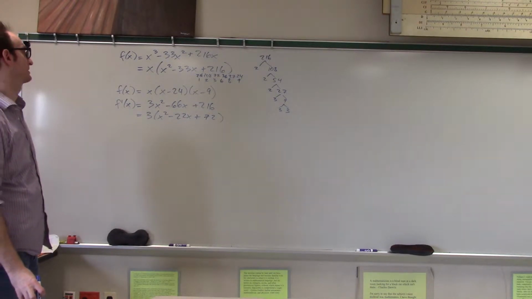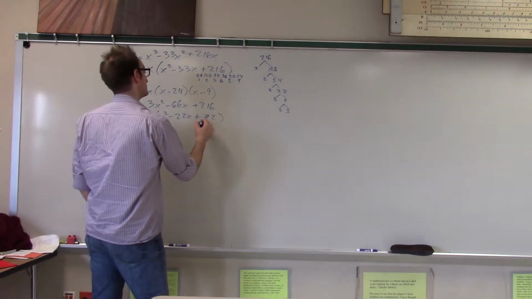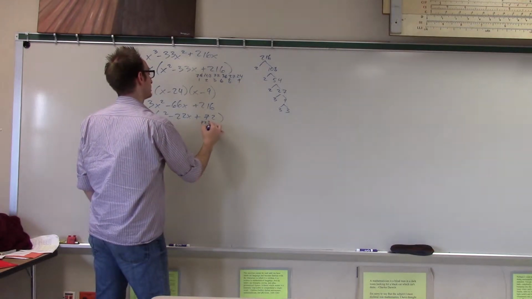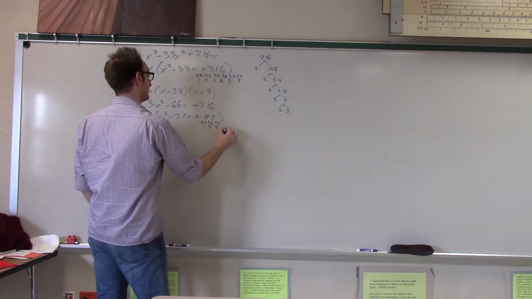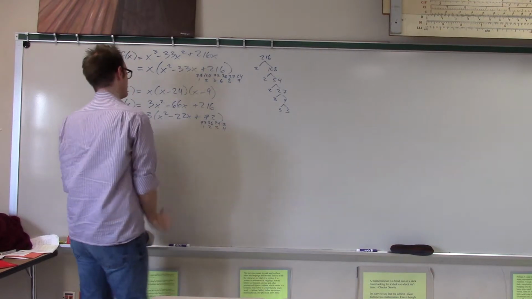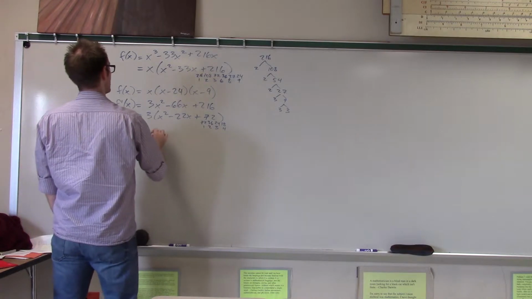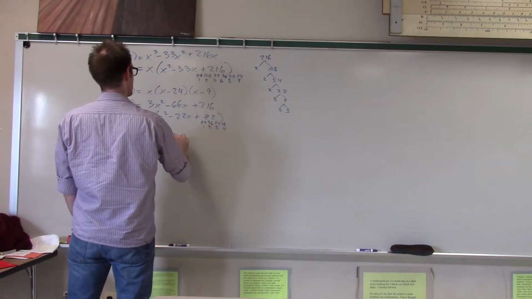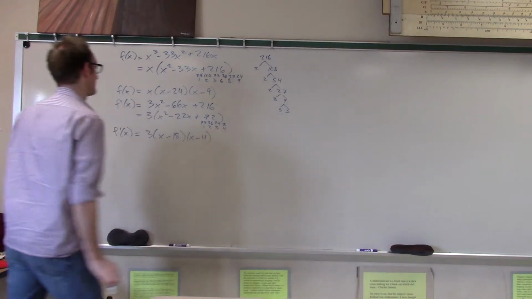Let's see, the factor pairs of 72: 1 and 72, 2 and 36, 3 and 24. So that doesn't quite work. 4 and 18. Yep, that's the one. So the first derivative is 3 times x minus 18 times x minus 4.